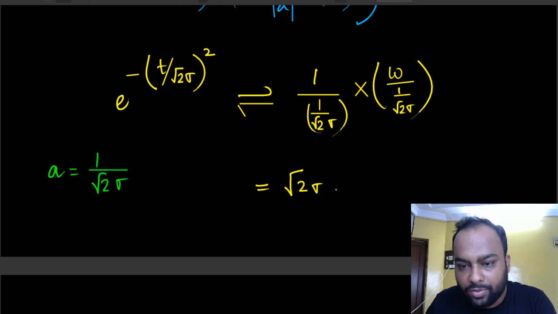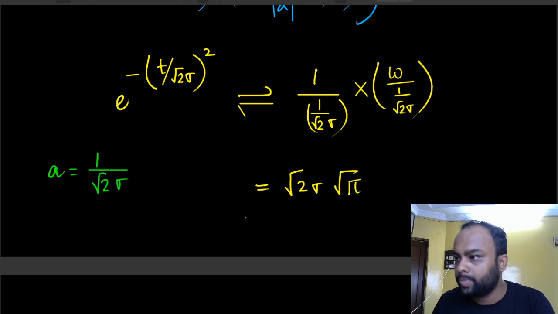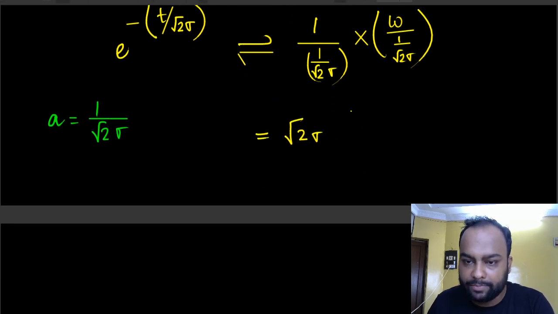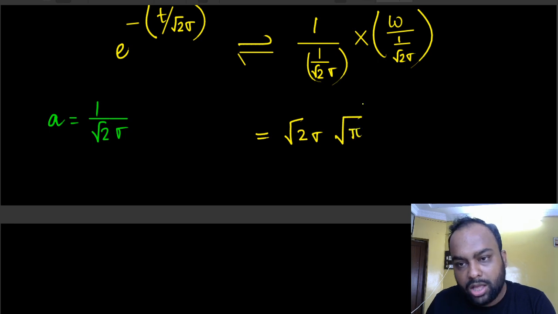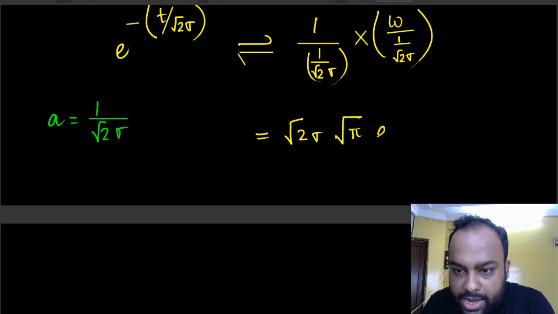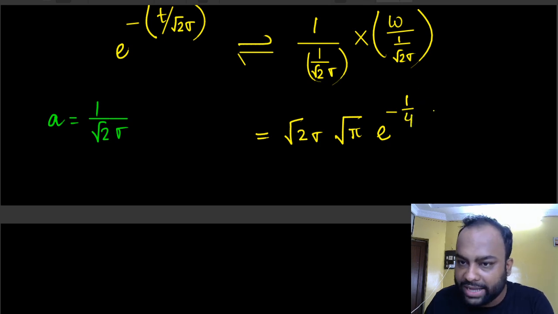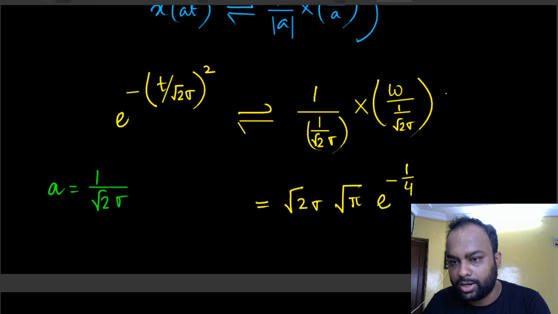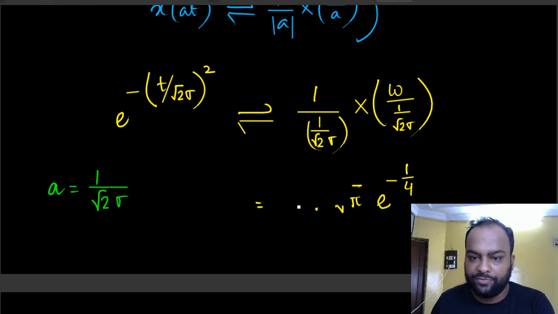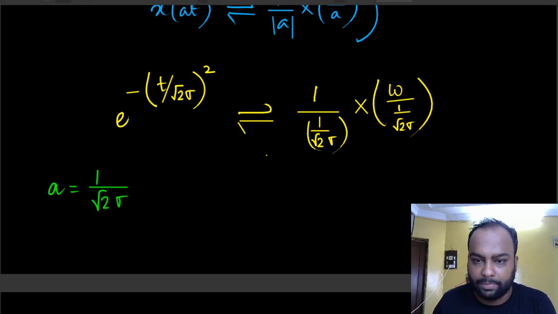So I would have a root pi here, and I would have e to the power minus 1 by 4. Before going into this, let's simplify a bit.